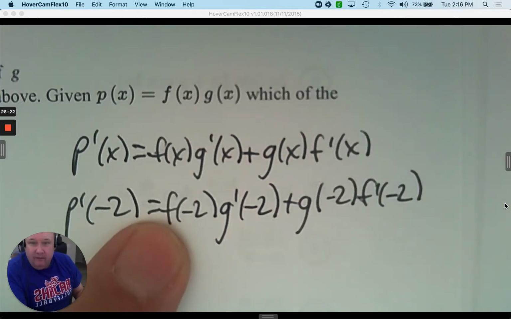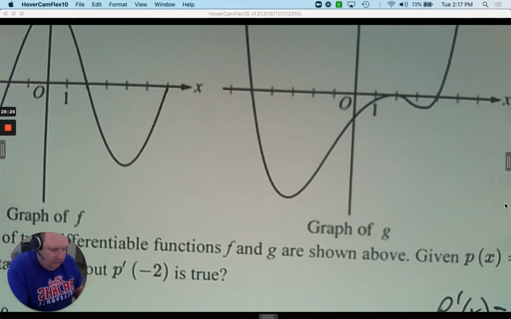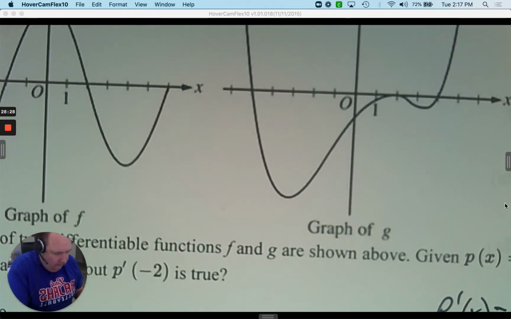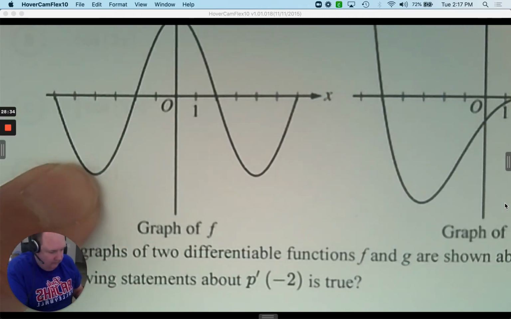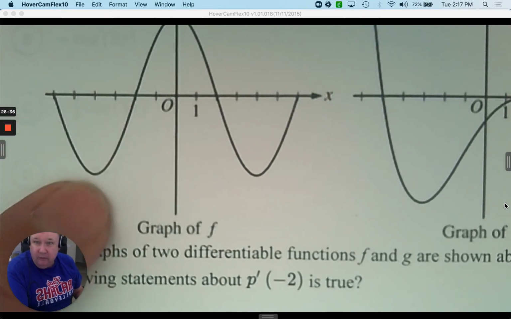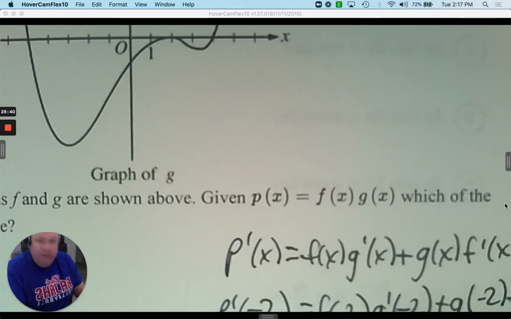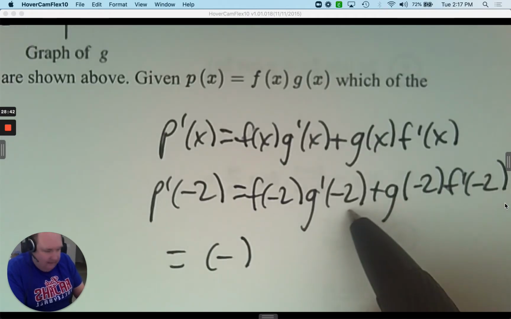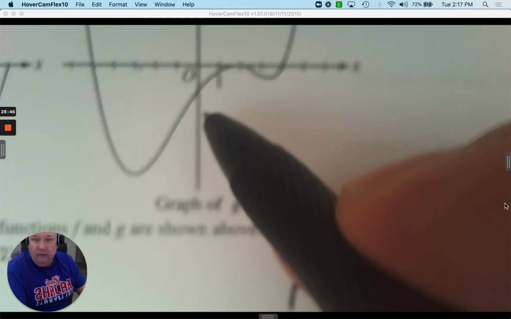Now, if it's just the function at -2, you can see. So at -2, the answer is negative. That's all we're going to get out of it. The derivative at -2 for g. So find where -2 is for g.